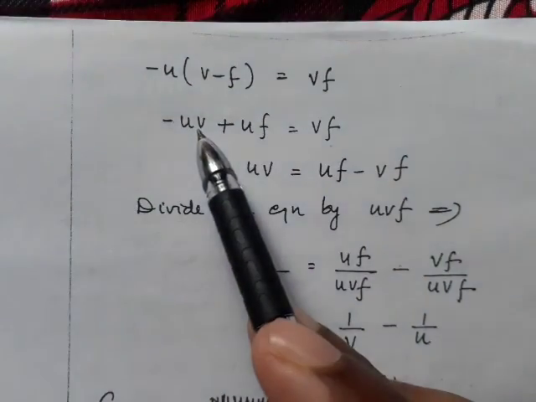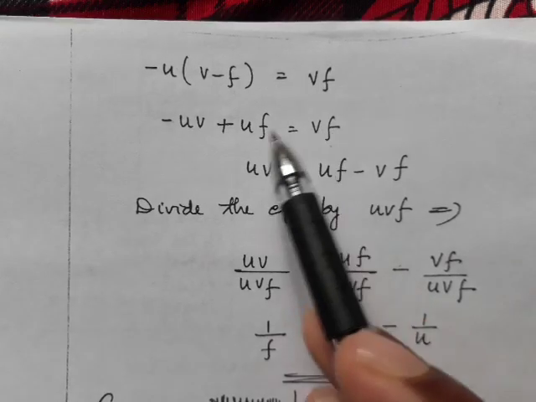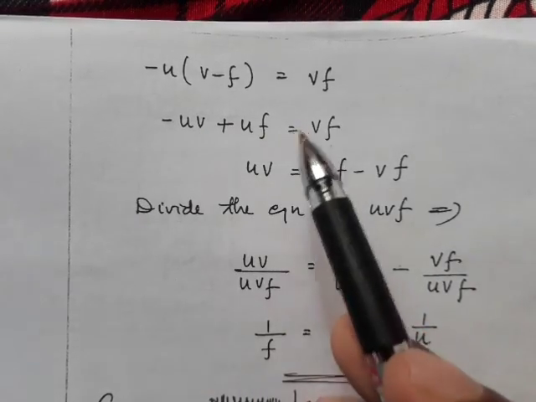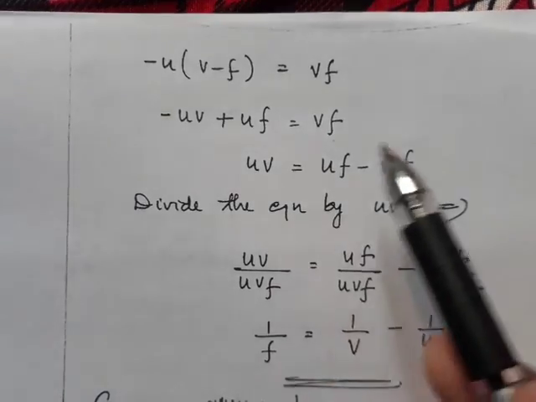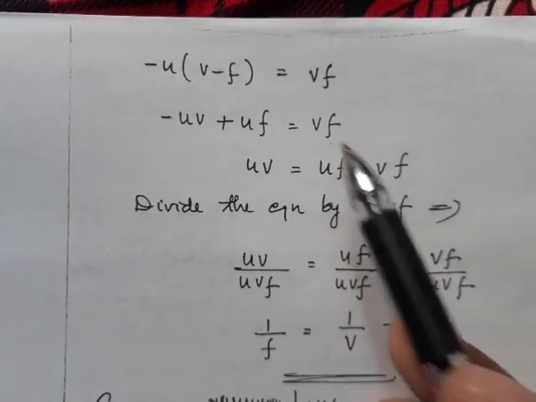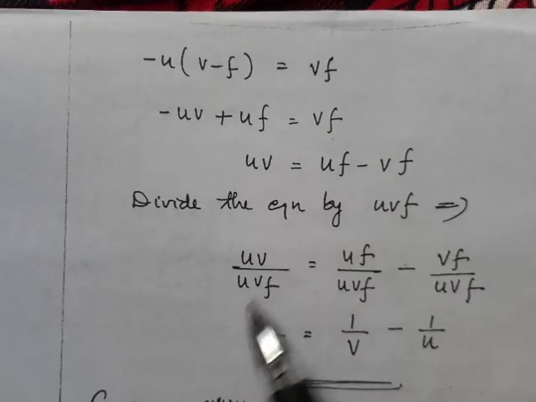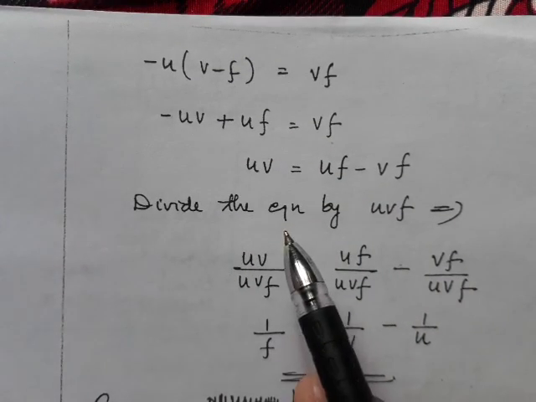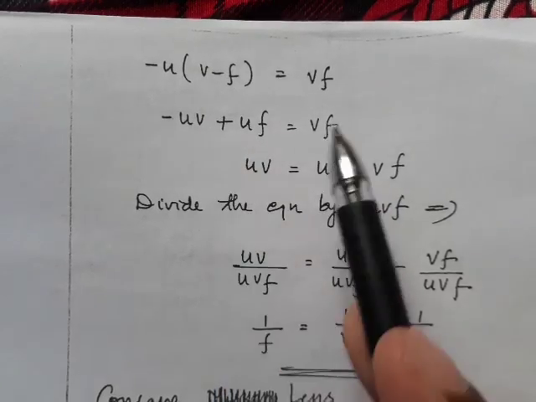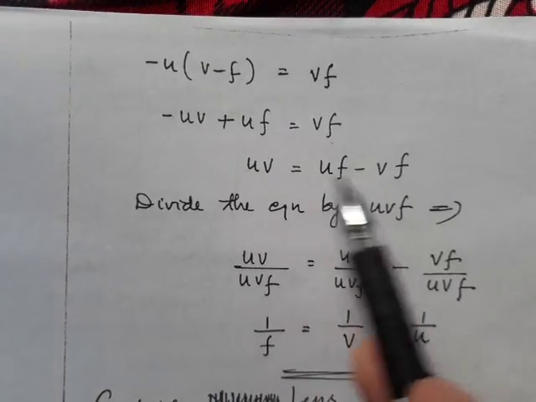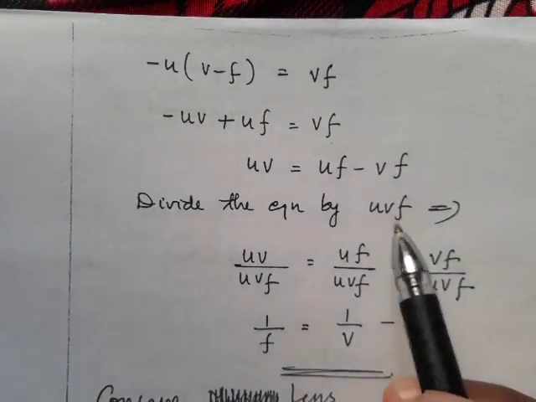Now bring this VF here and UV to the other side. As UV goes to the right side, it becomes positive. VF comes to the left side, so we get UV equals UF plus VF. Now divide this equation throughout by UVF.